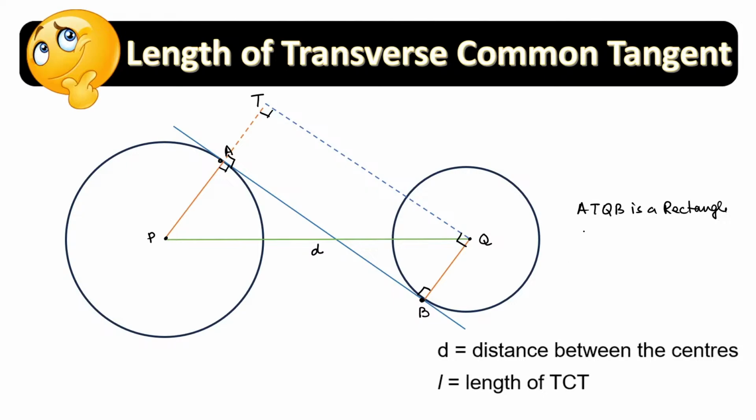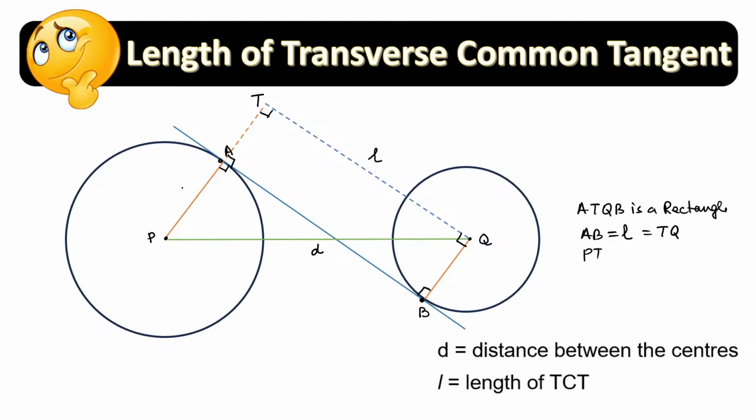Now AB, which is the length of the transverse common tangent, which we have denoted as small l, is the same as TQ. Am I correct? So the length of TQ is basically your small l. Now, what is the length of PT?